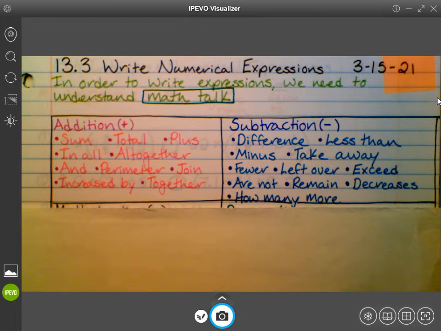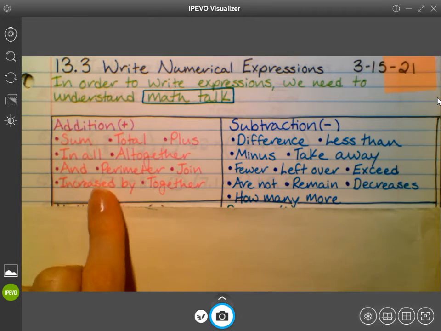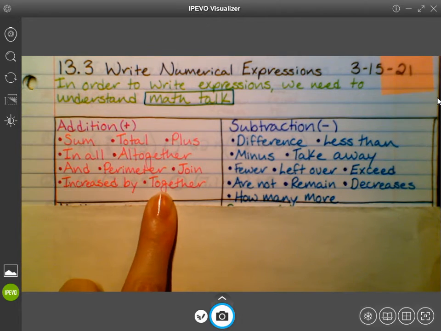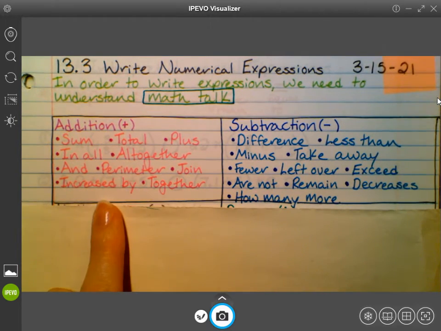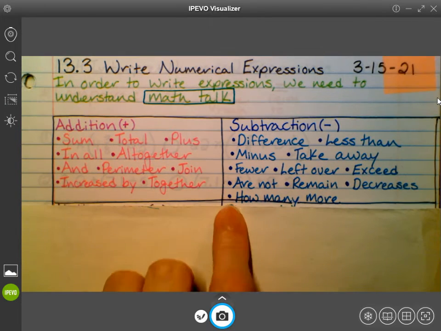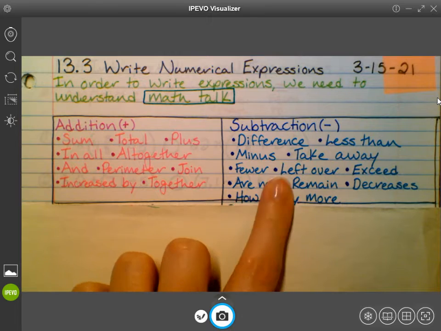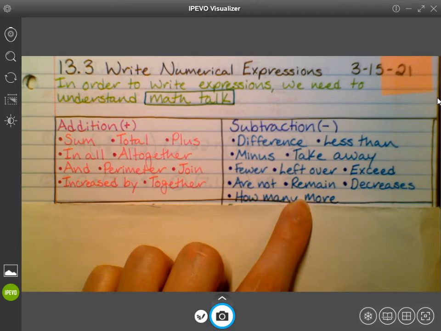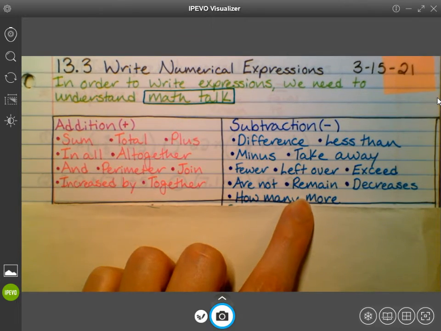Thanks, Mr. Hale. All right, back to math notes. Then we have perimeter, join, increase by, and together. So if we saw any of these words in a sentence, it would automatically tell us, okay, addition, we're adding. On the opposite end, if we were to see any of these words in the subtraction box, that would tell us we're talking about subtraction or taking away.